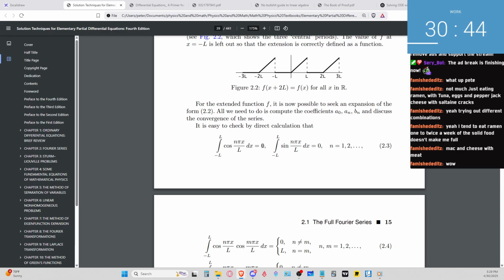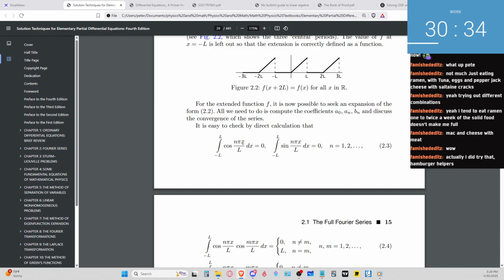Because, let's see, if L's up here, then these will cross out, and then basically we're left with X. And then we get 2 L's.